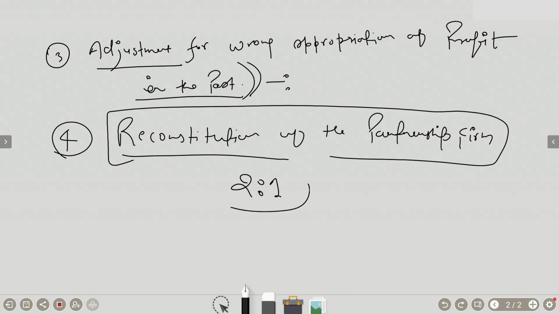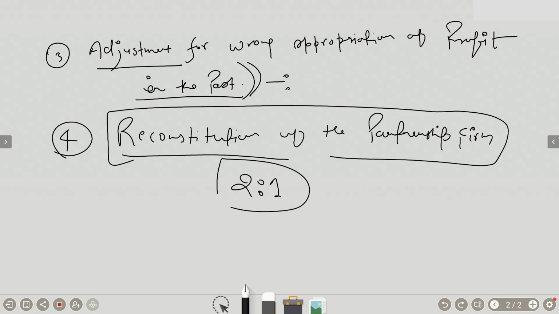So if the profit sharing ratio of the existing partners is changed, that is also an example of reconstitution of the partnership firm. If the existing agreement is changed or expired, and the partners come with a new agreement, that is the reconstitution of the partnership.